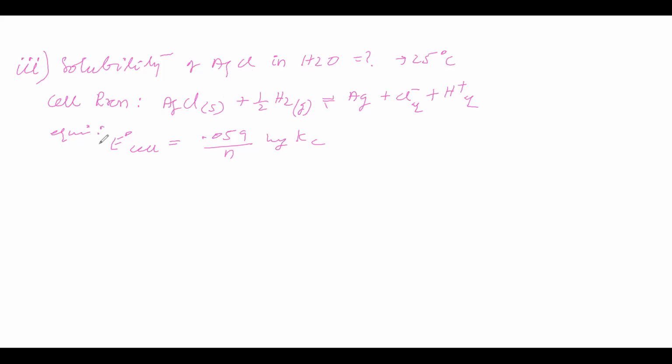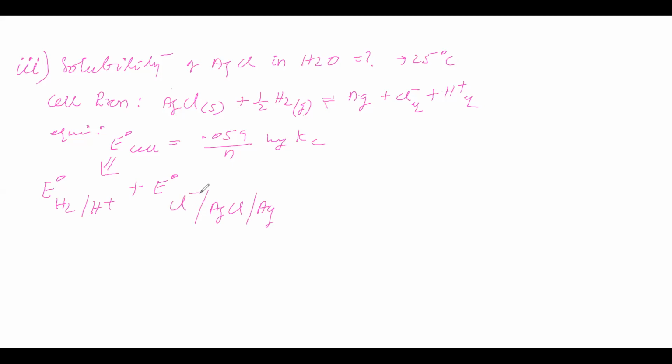To get E naught cell, we write E naught cell as SOP of anode plus SRP of cathode. Anode is what? H2 converting into H plus is called the anode. Plus SRP of cathode: in AgCl, Ag plus is converting into Ag, Cl minus present as it is.